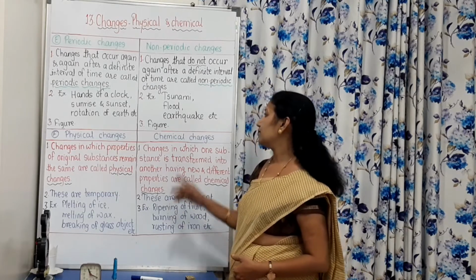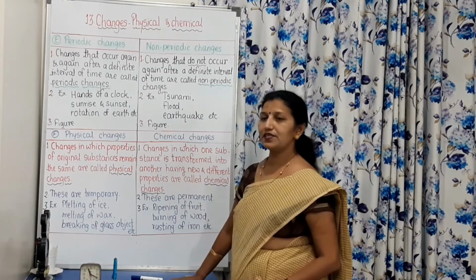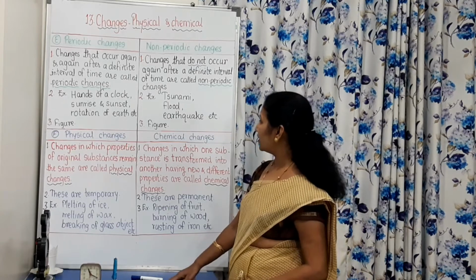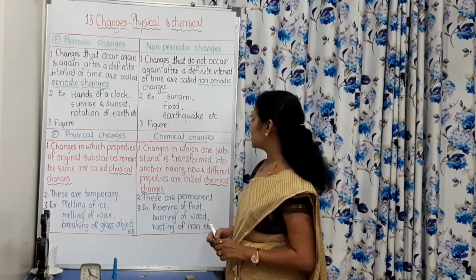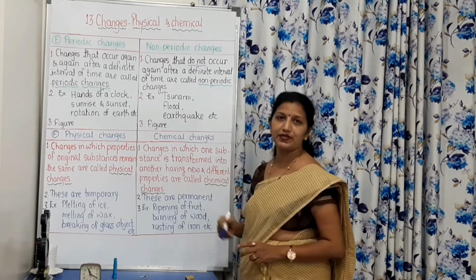And now, what is a chemical change? Chemical change in Marathi is called Rasayanik Badal. What happens here? See, changes in which one substance is transformed into another having new and different properties.